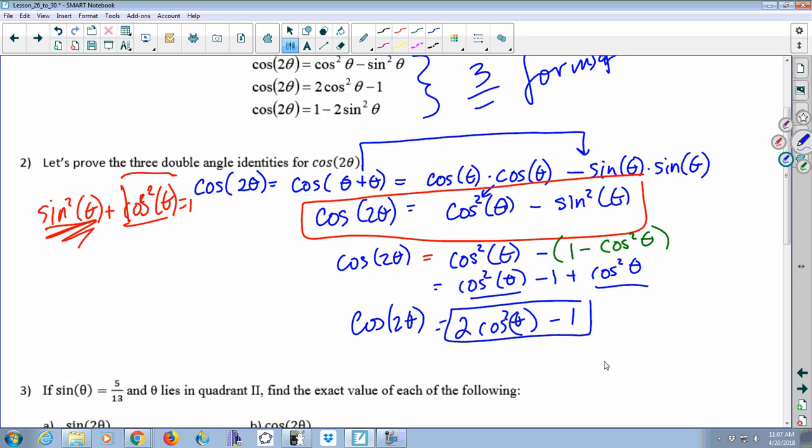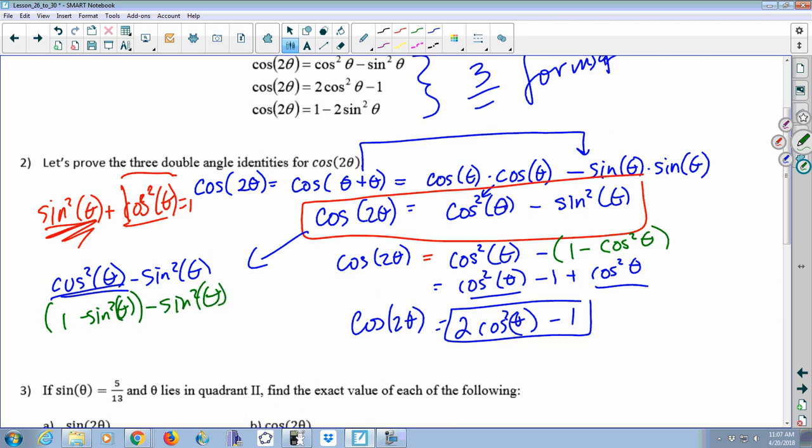So when I do that, let's go over here. Cosine squared theta minus sine squared theta. Now I'm going to pick on this one. So if I substitute 1 minus sine squared theta for that, take away sine squared theta, I get 1 minus 2 sine squared theta.